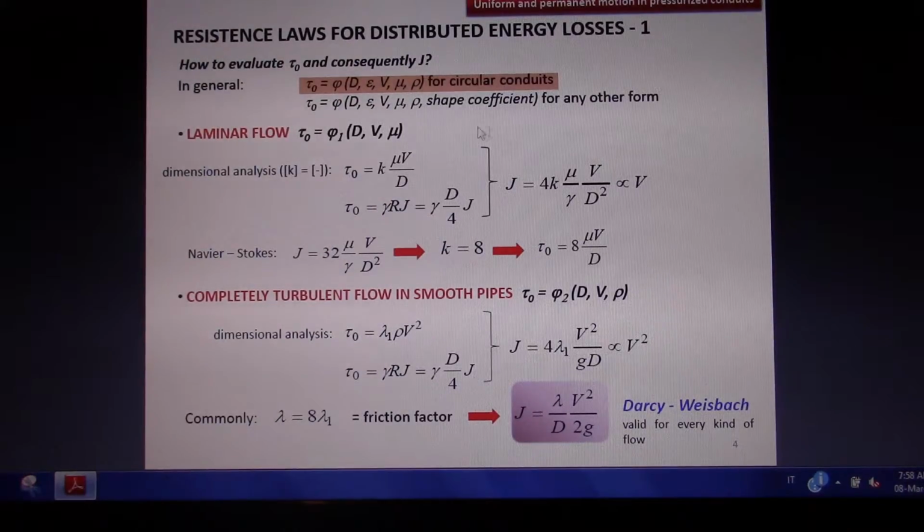In the case that you are considering any other kind of form for your pipes, you also have to add to this dependence a shape coefficient.